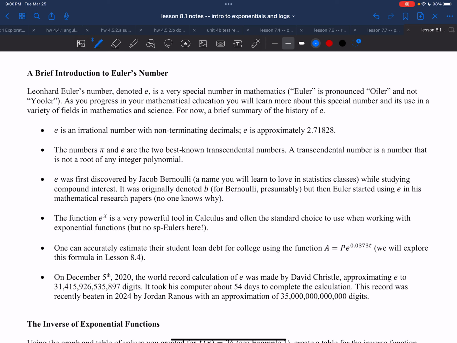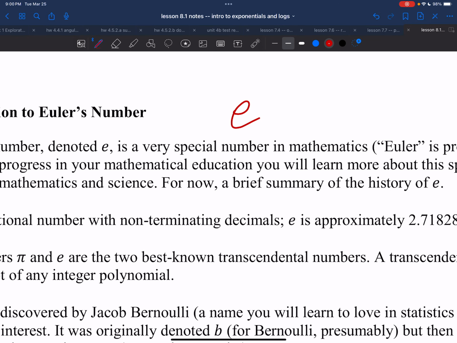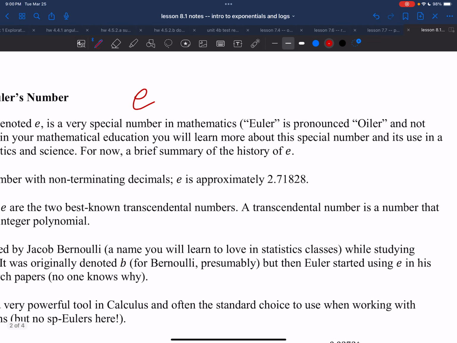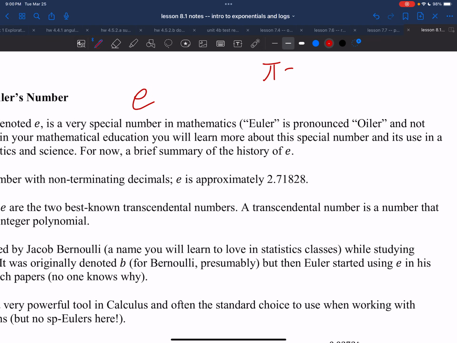So there is a number, and its name is e. And you say, Mr. Spake, you are so silly. E is a letter, not a number. And I say, okay, look, it represents a very special number, all right? You know pi. You're familiar with pi. Pi is, roughly an estimate, 3.14.